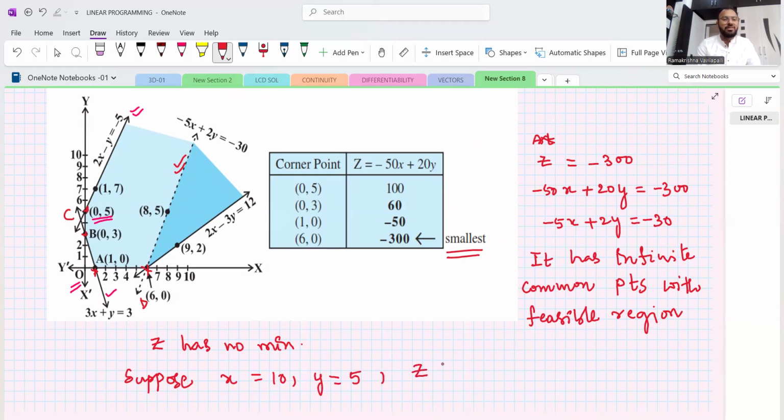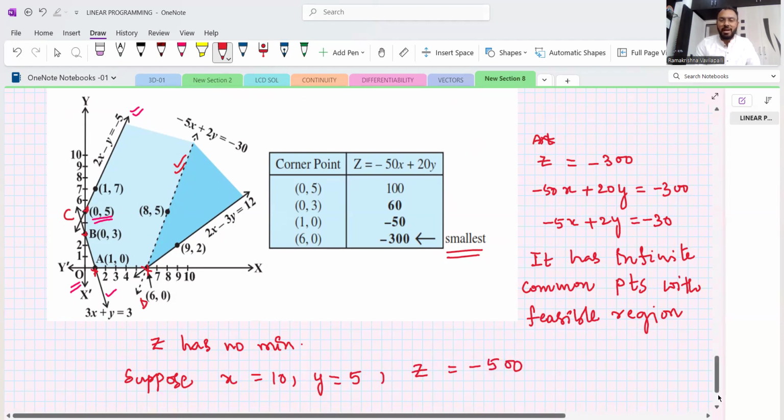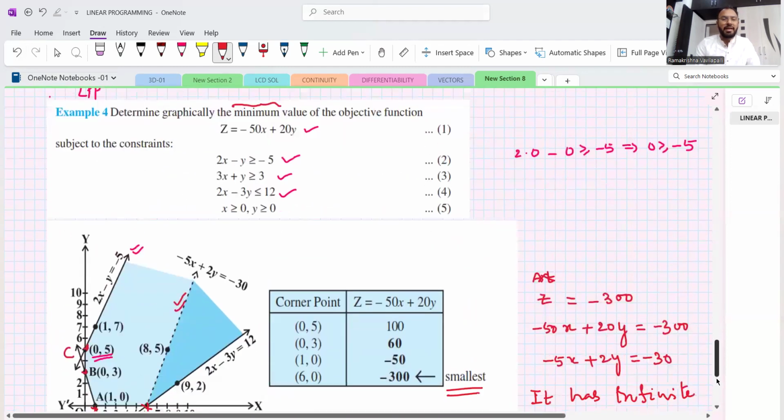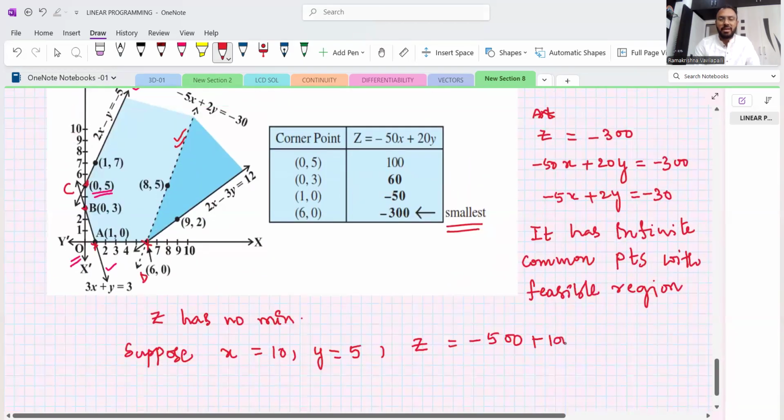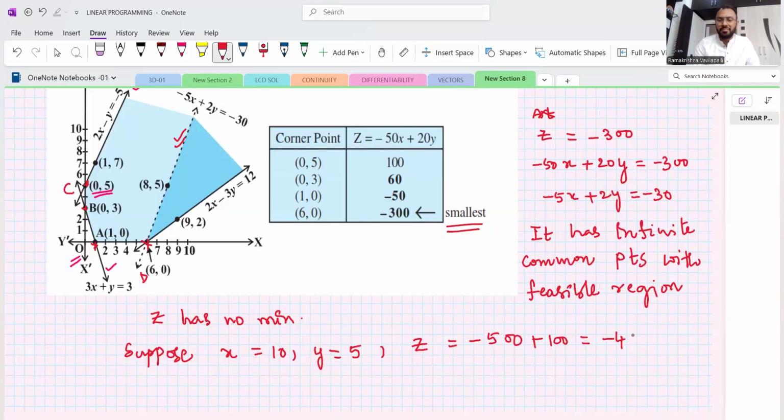Then what is the z value? The z value is equal to minus 500 plus 100, so you will get minus 400. Like that, it has no minimum value because the objective line has many points common with the feasible region. If it had no common points with the feasible region, then minus 300 would be the minimum value of that function. Remember this point.